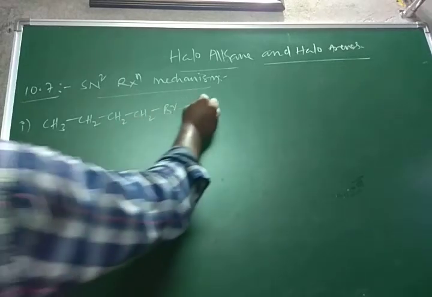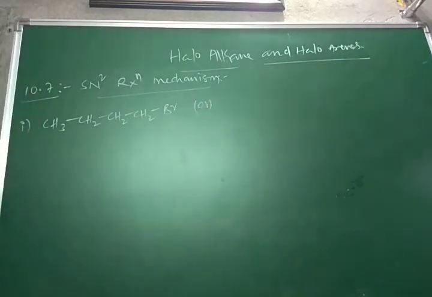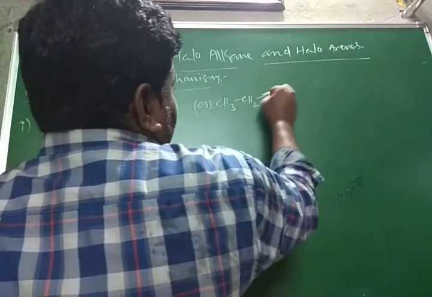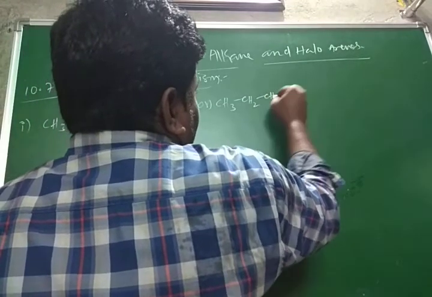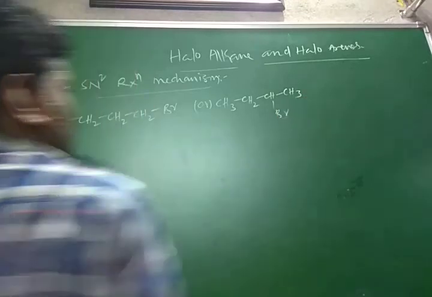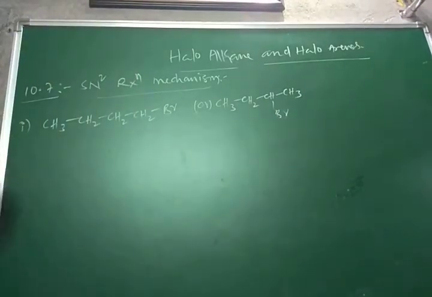And the other one is CH3 CH CH2 CH3 with bromine, known as 2-bromobutane. This is the first question.